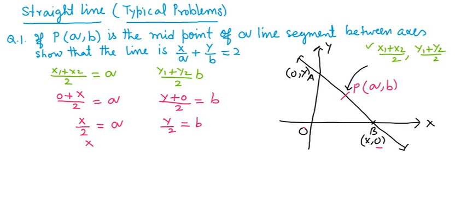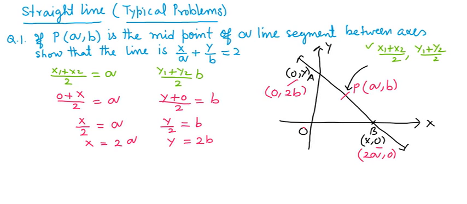So x will be equal to 2a and y is equal to 2b. So the coordinates of point A will be (0, 2b) and the coordinates of point B will be (2a, 0).